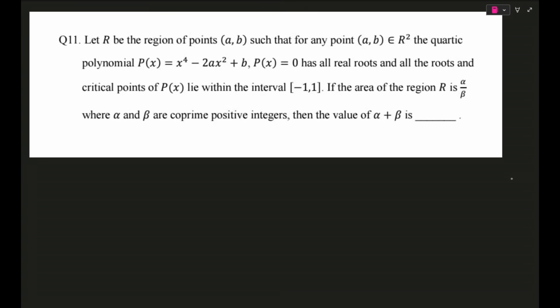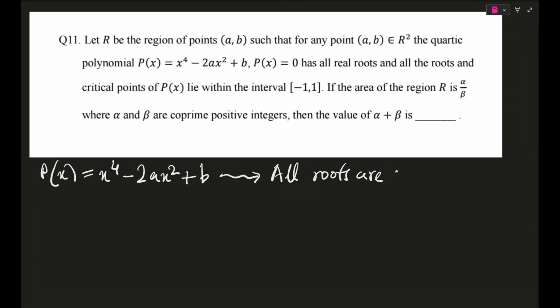Okay, so guys, the first thing, if we start off, p of x is given to be x power 4 minus 2ax square plus b. Okay, and there are two things given here. First thing is all roots of p of x are real.